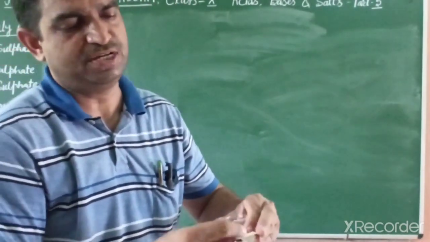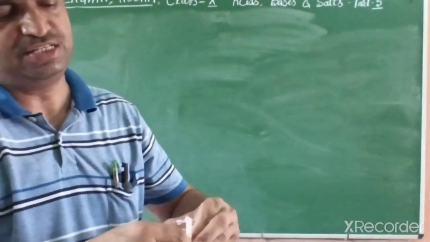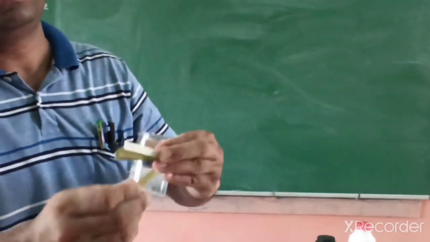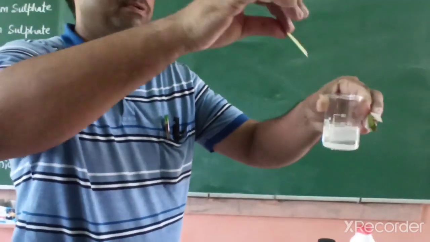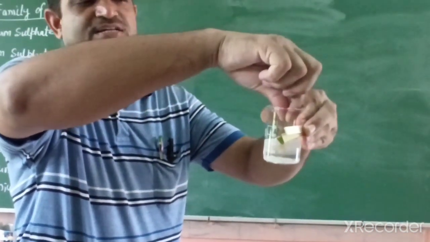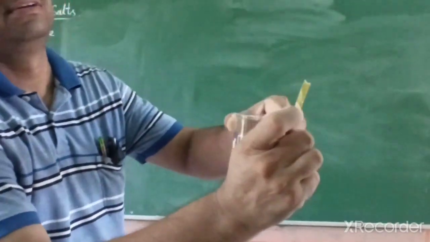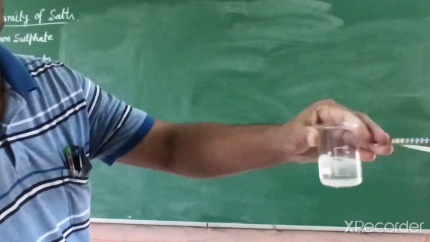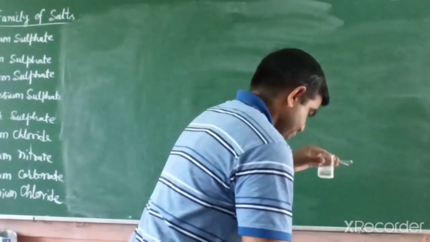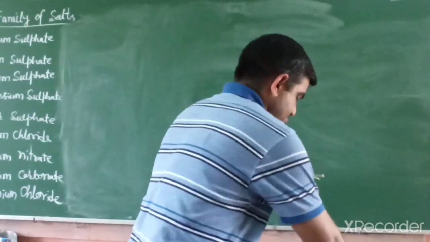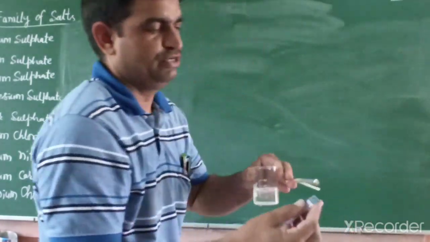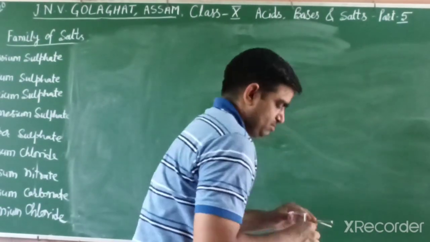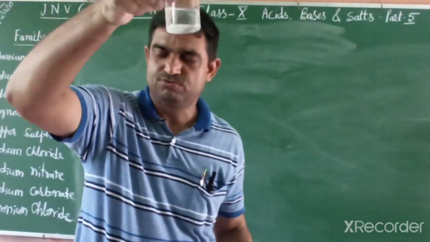These are pH papers. First we check the pH of this salt, to see whether it is a neutral salt. When we mix, it gives a light green color. This light green indicates a neutral salt, and it should not change the color of any litmus paper: blue litmus remains blue and red litmus remains red. So sodium chloride is a neutral salt.